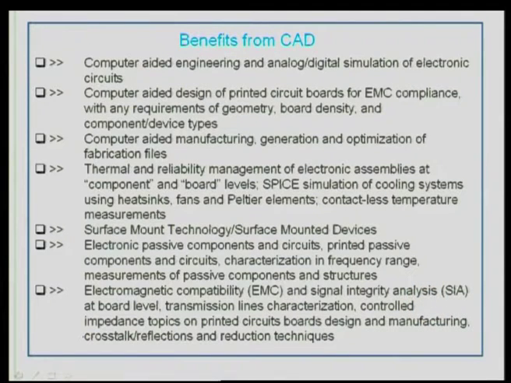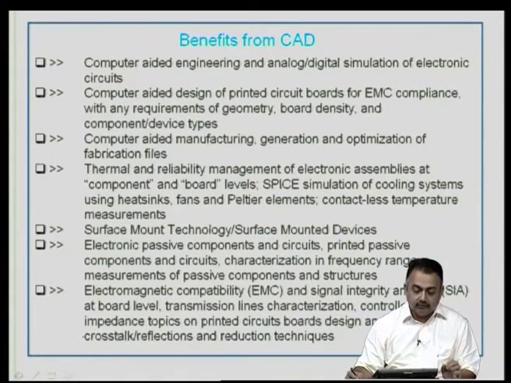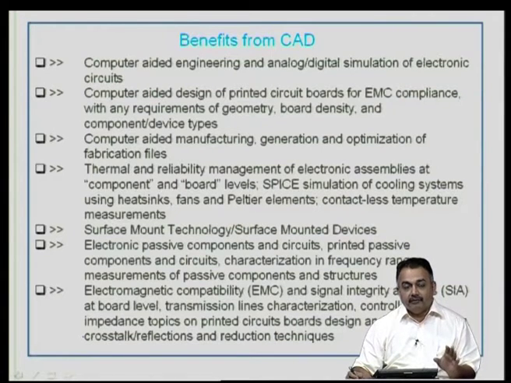The computer aided design of printed circuit boards is especially done for electrical simulation like EMC, electromagnetic compatibility compliance, with any kind of geometry, board density and any type of component or devices that you may want to choose.